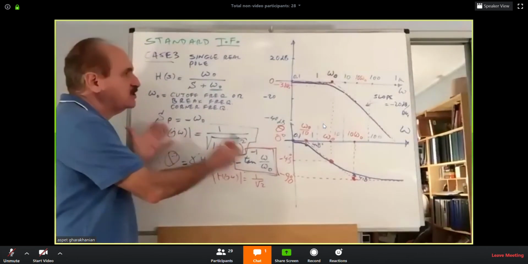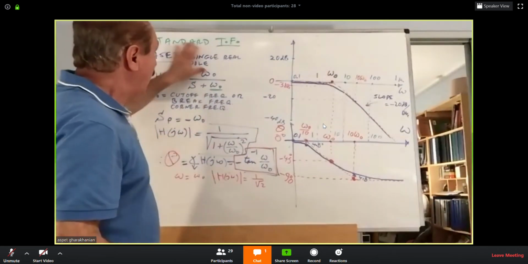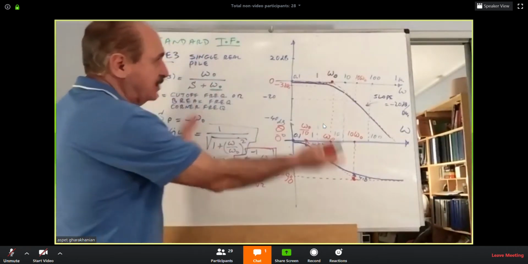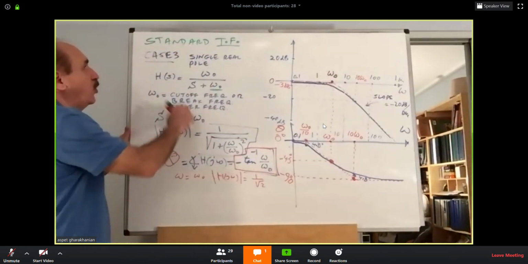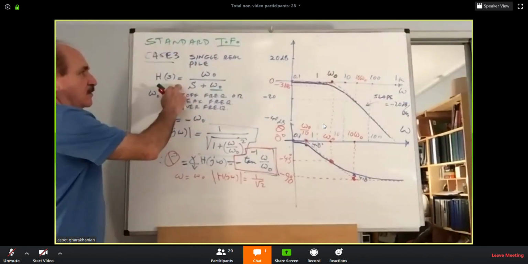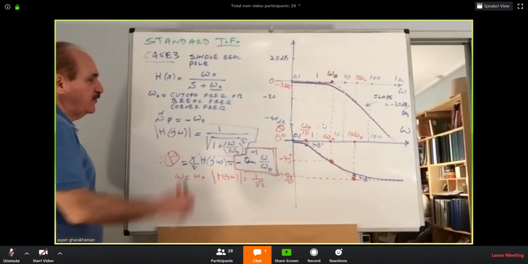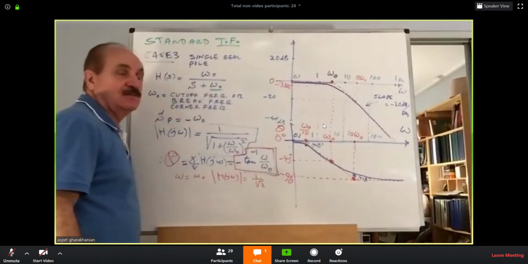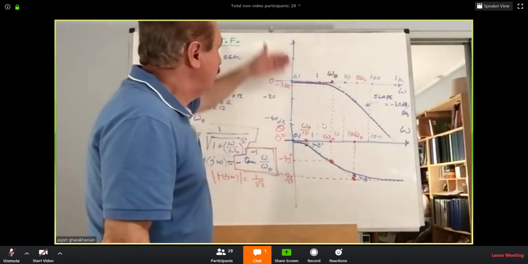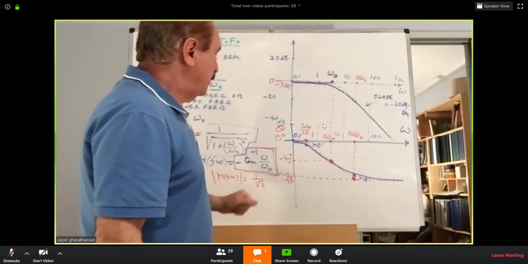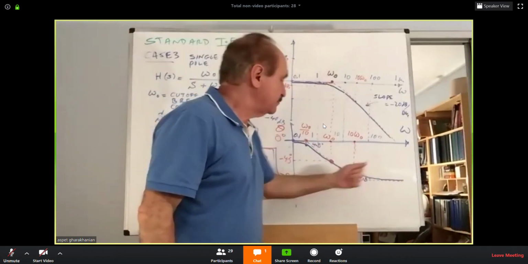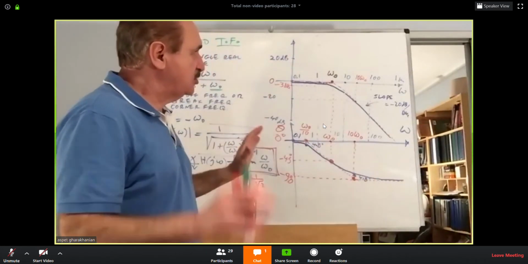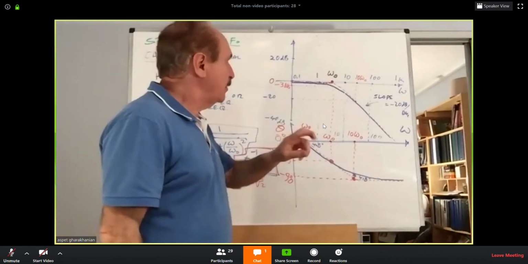Okay, so I explained how you will project a single real pole in the frequency plane as a Bode plot, presented as decibels against the angle. The magnitude is easy to construct: two lines.